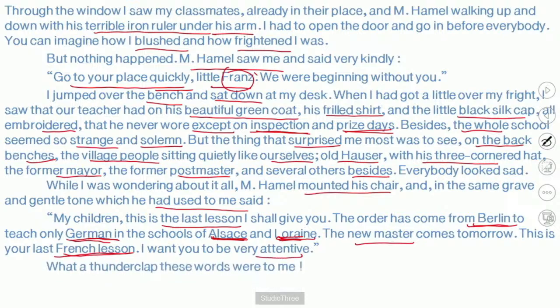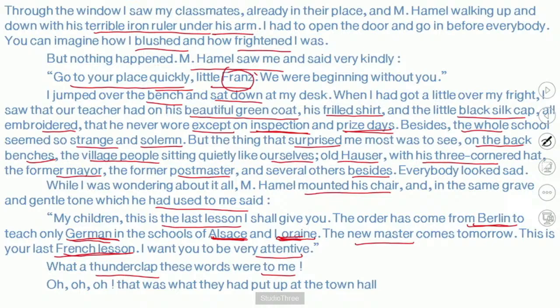What a thunderclap these words were to me. Thunderclap means it is very hard to bear, and in his own heart he said, oh, that was what they had put up at the town hall.